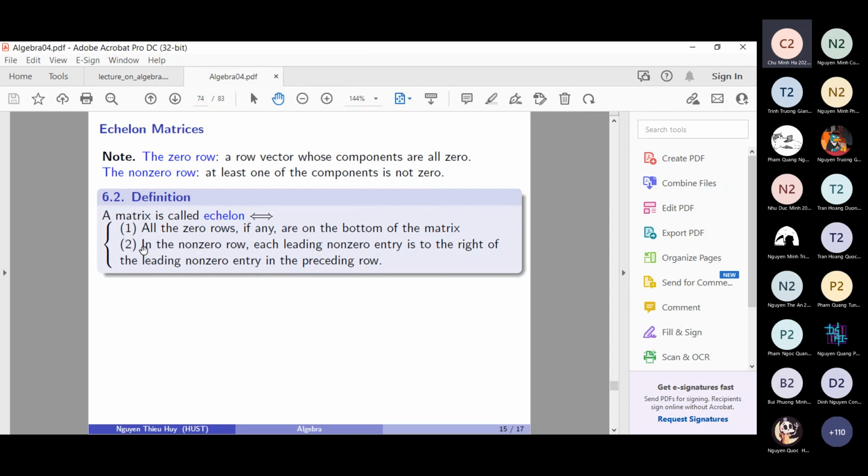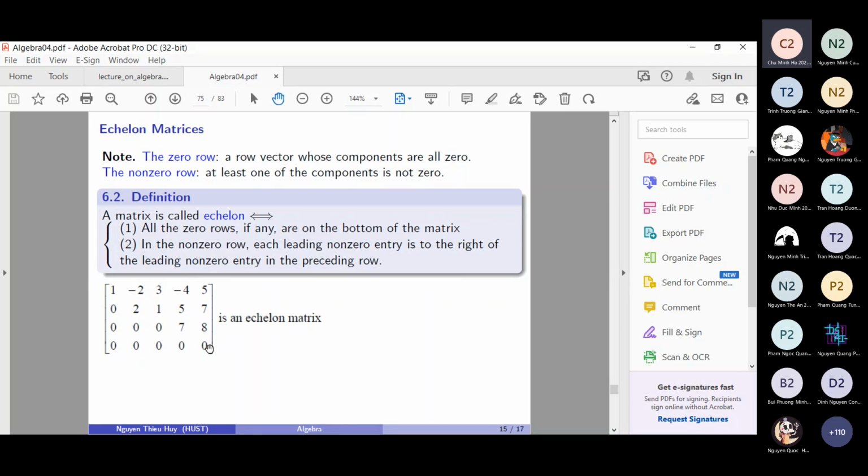In the non-zero rows, each leading non-zero entry is to the right of the leading non-zero entry in the preceding row. A little bit difficult to understand, but let's look at an example, then you can see immediately what an echelon matrix is. Here, this is an example of an echelon matrix.